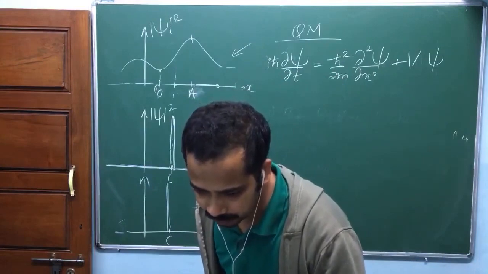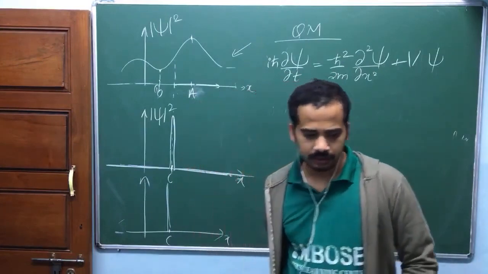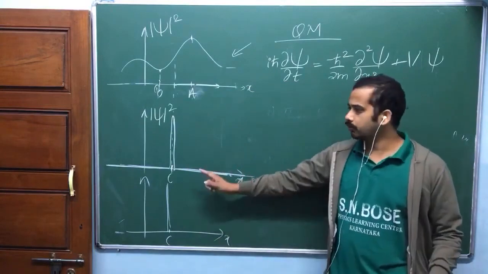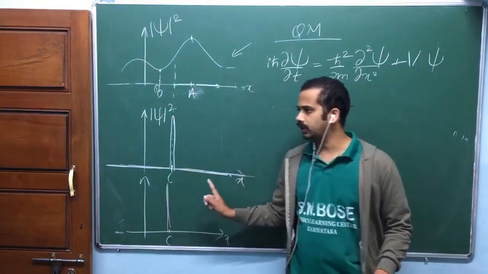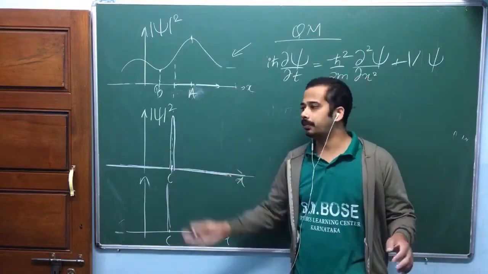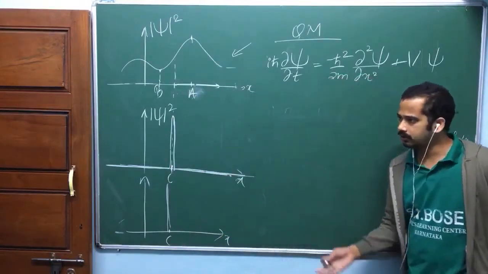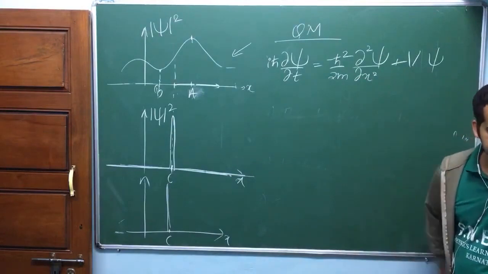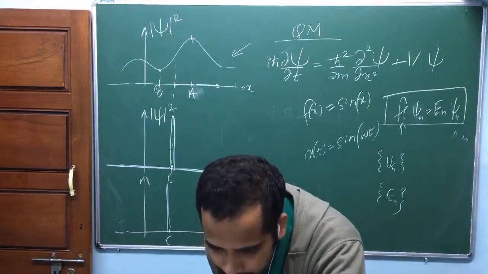I'll come to that point. This measurement outcome is not called the expectation value. Expectation value is the average of the measurement done on identically prepared systems. That's different.